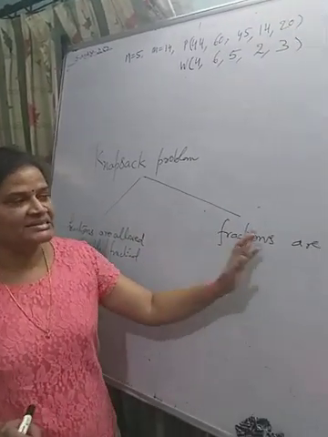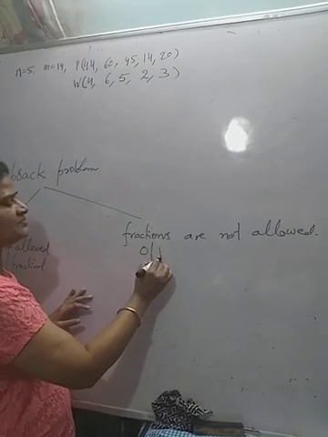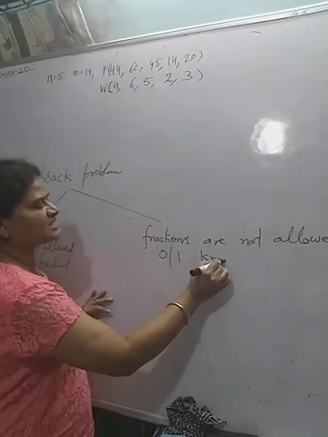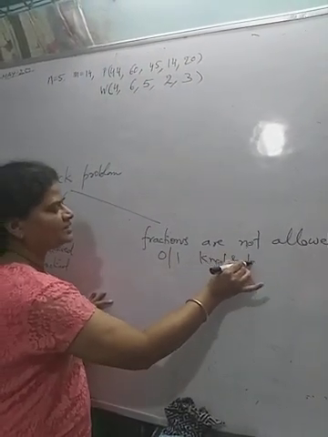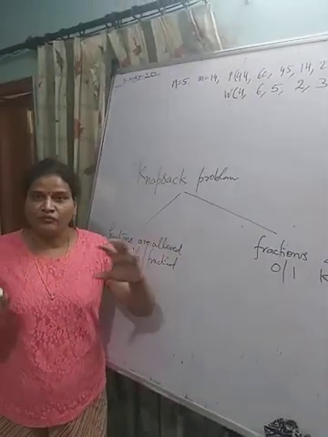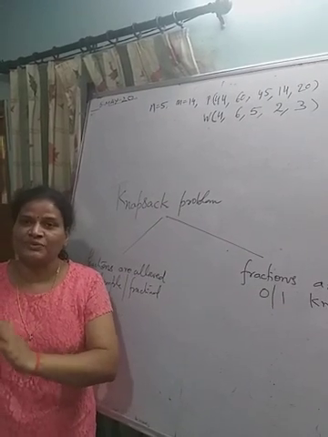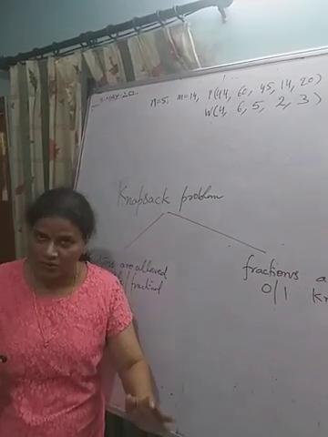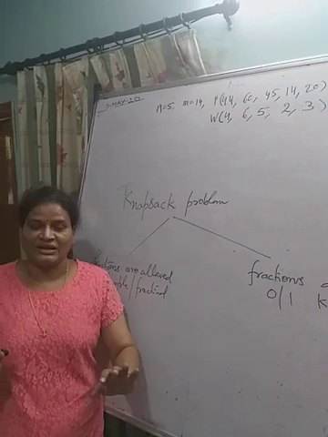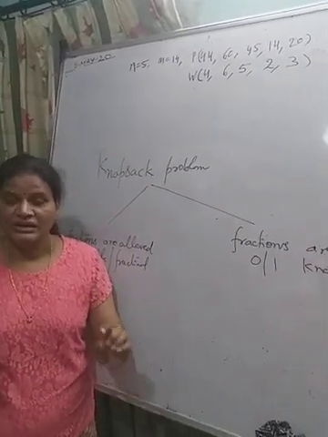When fractions are not allowed, that problem is simply the 01 knapsack problem. So first clearly understand that one is fractional, where fractions are allowed, and the second one is where the fractions are not allowed.